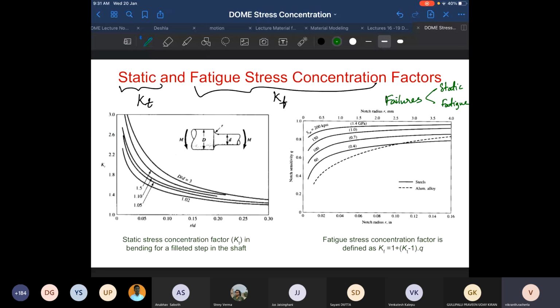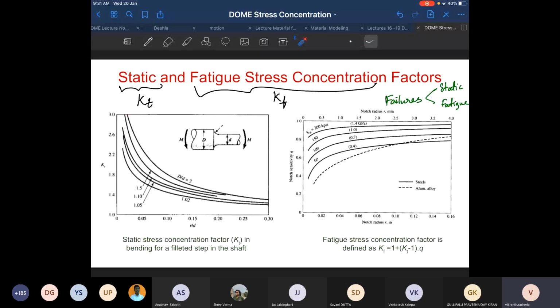For these two situations you use different models. You do not treat them both as the same. So for static failure, we use the static stress concentration factor, and for fatigue failure, we use the fatigue factor KF.